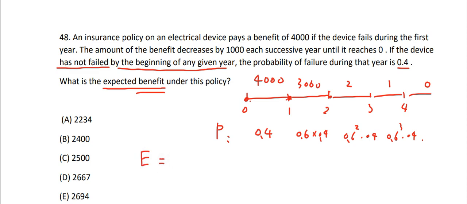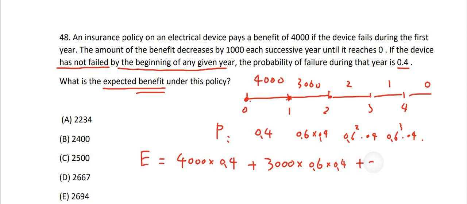So this equals first year payment 4,000 multiplied by 0.4. Then second year, multiply the probability that the second year fails, which is 0.6 for the first year okay, times 0.4 for second year fail.